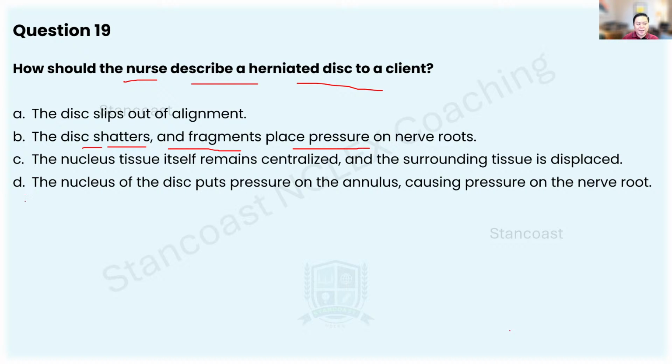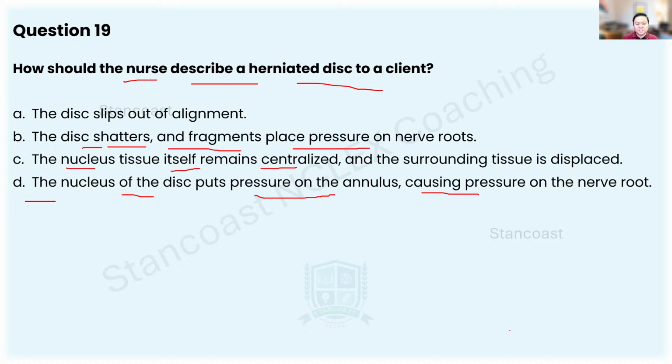Or will that be letter D, the nucleus of the disc puts pressure on the annulus, causing pressure on the nerve root? Or is it C, the nucleus tissue itself remains centralized and the surrounding tissue is displaced? Is it really true? Displacement of the surrounding tissue?